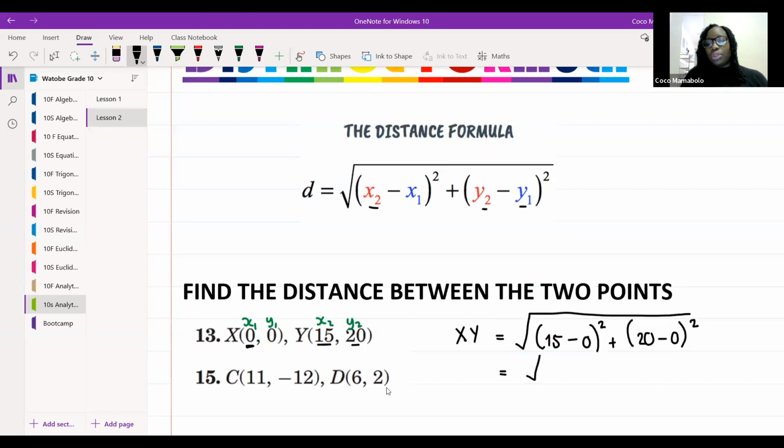This is going to equal the square root of 15 minus 0 is 15 squared, plus 20 minus 0 is 20 squared.